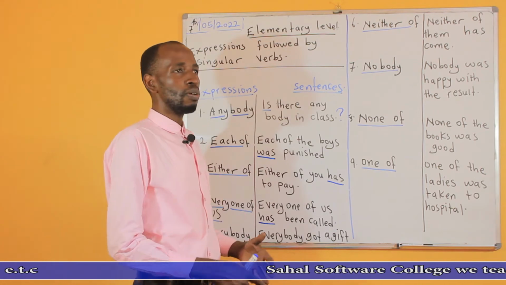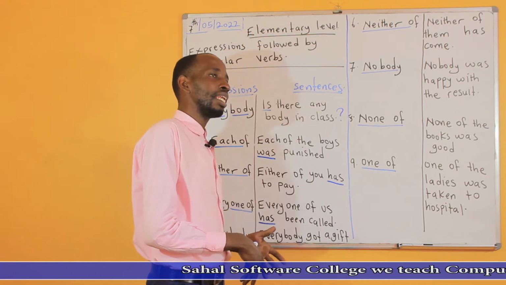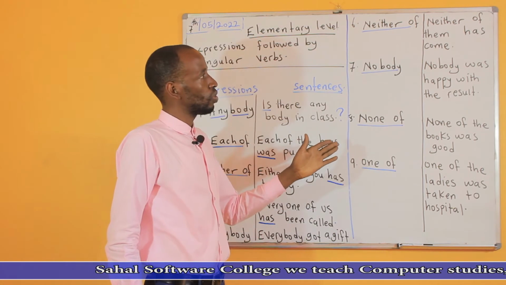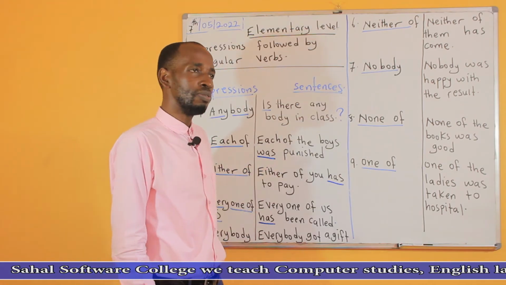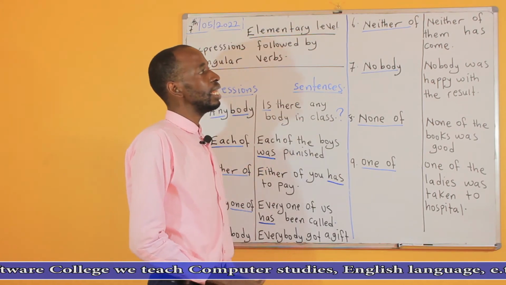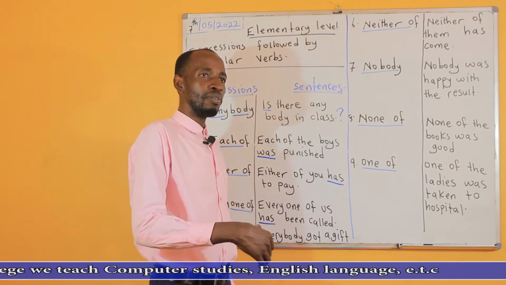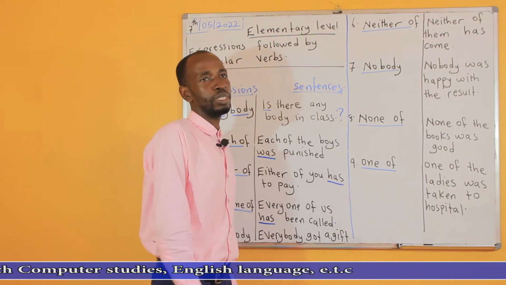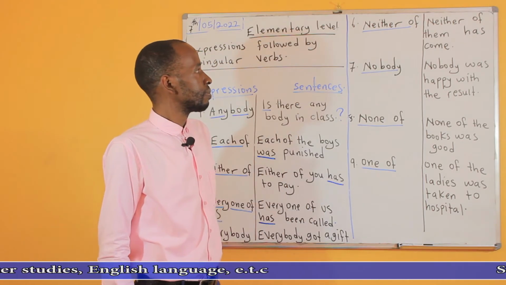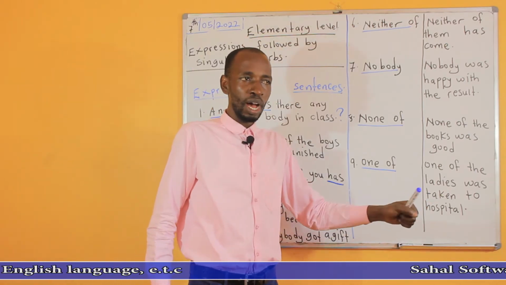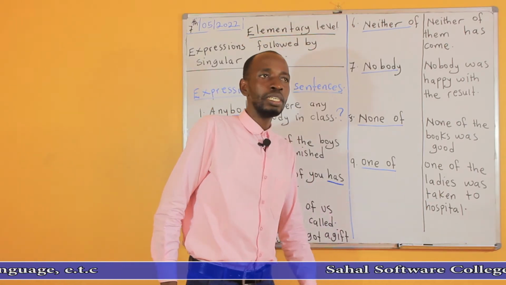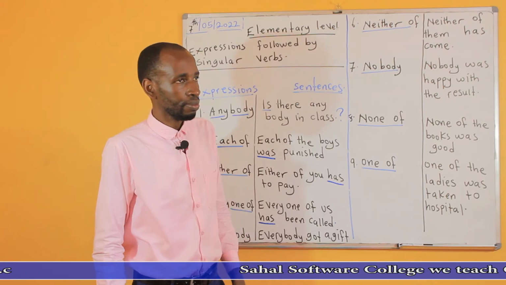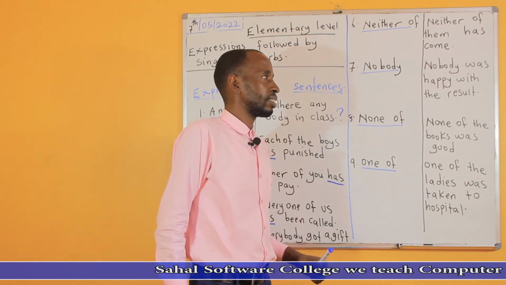I can say neither of them, neither of us, neither of you. So you cannot say neither of he, neither of she. No. You can say neither of them, neither of us, neither of you. Those are common statements. So when you say neither of you arrived late, it's a negative statement.